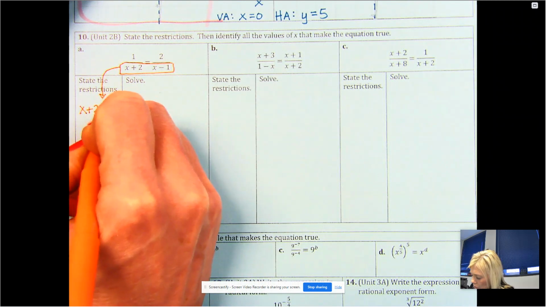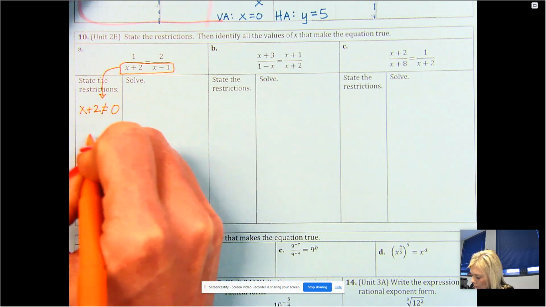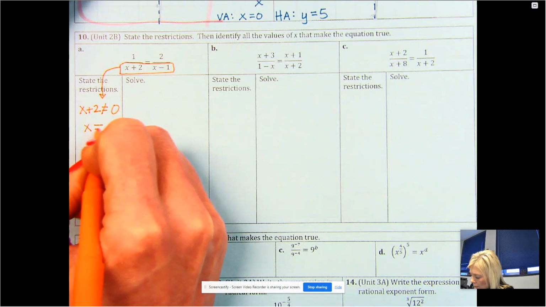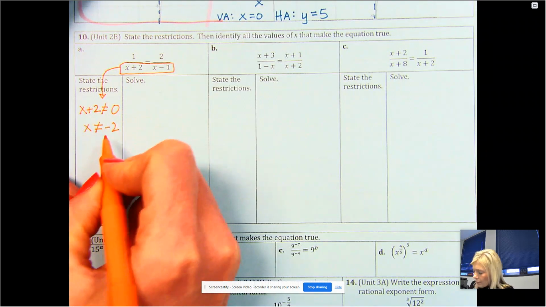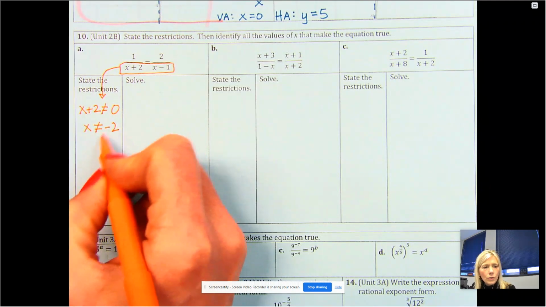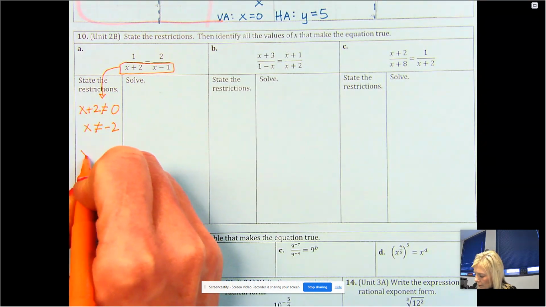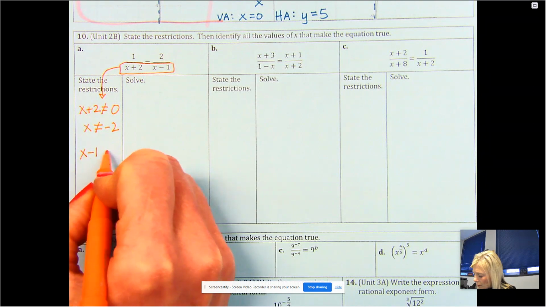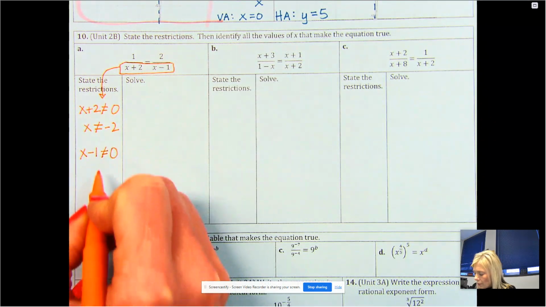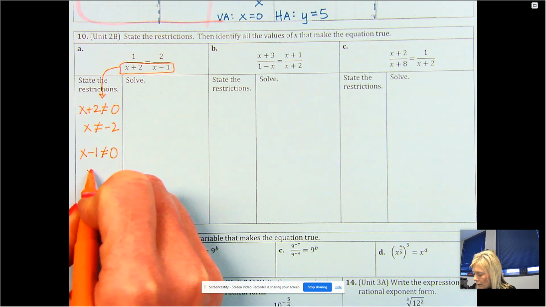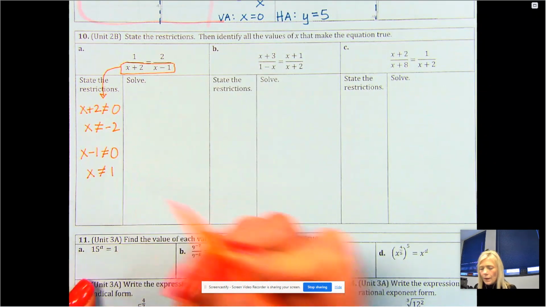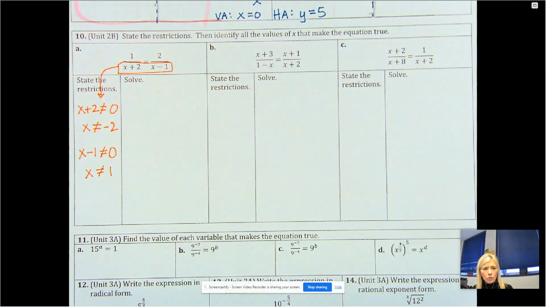So x plus 2 can't equal 0, which means x will not equal -2. So -2 is a restriction. And over here, same idea, x minus 1 can't equal 0, so add the 1. X can't equal 1. So there's the restrictions on the denominator.